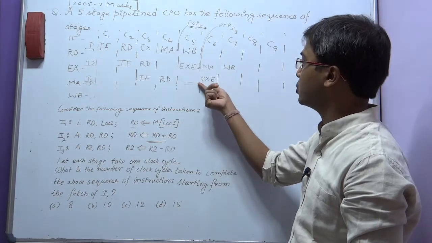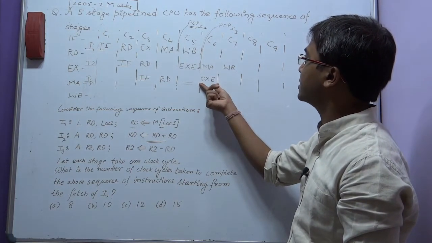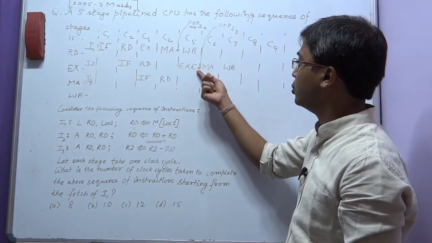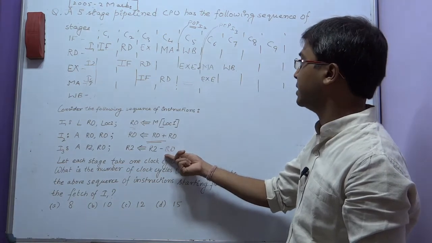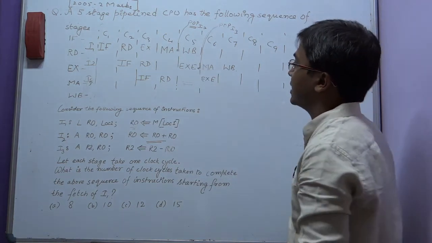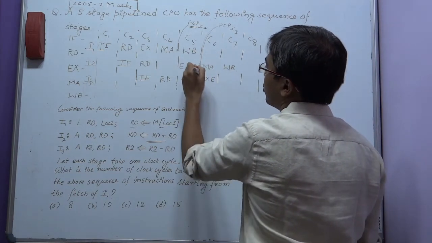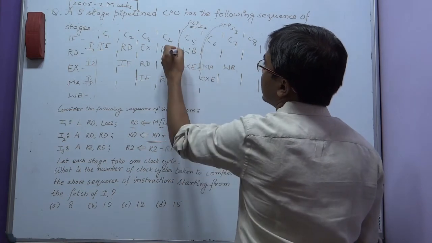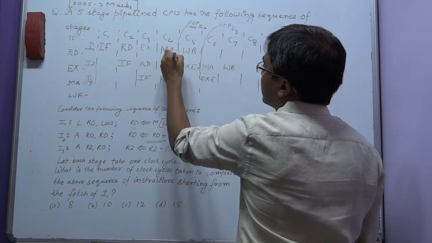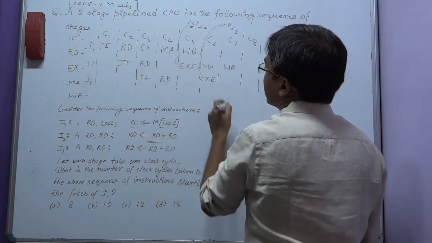So definitely it has to wait till this cycle, and at this point the arithmetic logic unit is also free, and also the input value that is required by I3 is available in the pipeline, so it can take it directly from here, right? So this value can be forwarded to the arithmetic logic unit. Here also this value can be forwarded to the arithmetic logic unit's input, right?